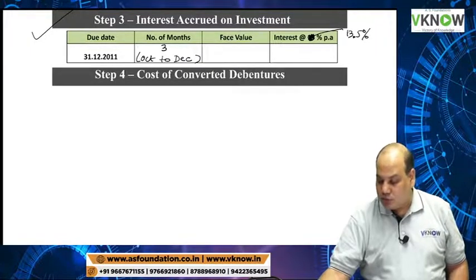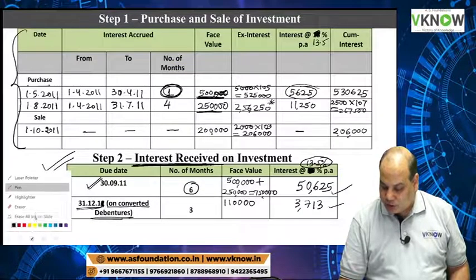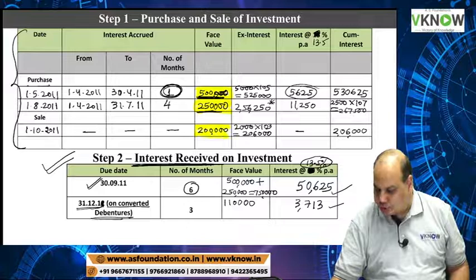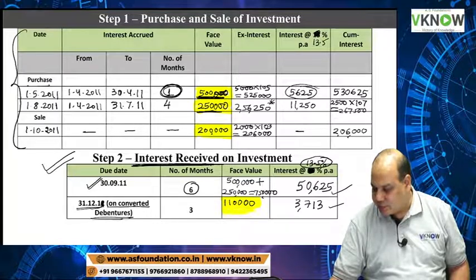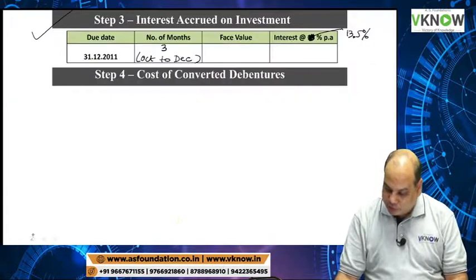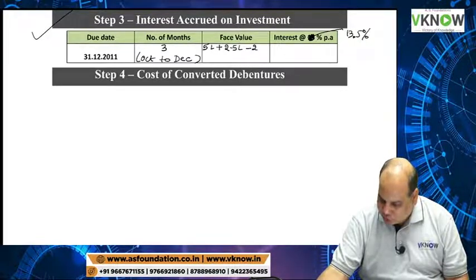Now, what is the amount on which you will calculate interest? On the screen you will pay attention. We have purchased 5 lakh rupees here plus 2,50,000, minus sold 2 lakh, and minus converted 1,10,000. So you will write like this: face value 5 lakh plus 2.5 lakh minus 2 lakh minus 1.1 lakh.